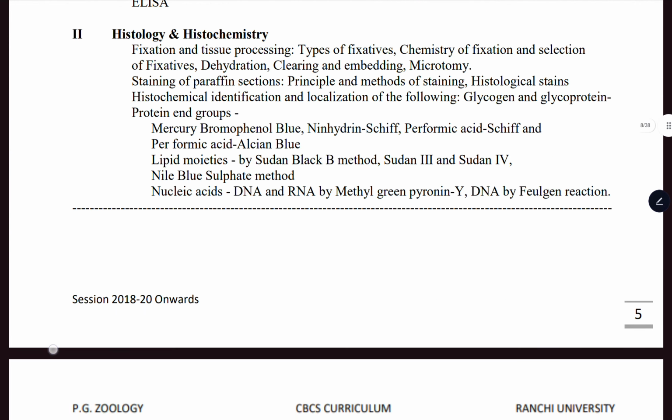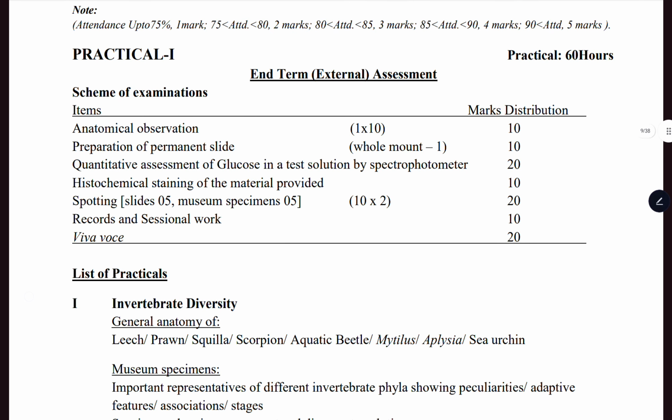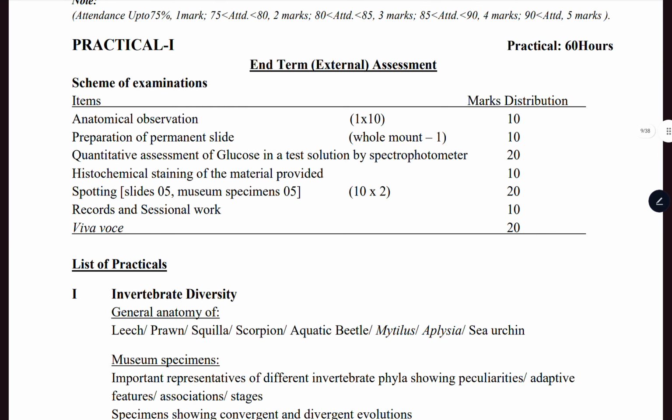And in paper 4, we have practical, and you can see the pattern of practical in this. The practical will be only in the end term and this will consist of 100 marks.